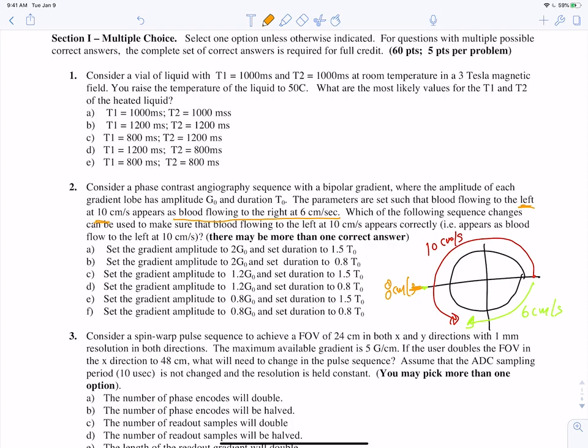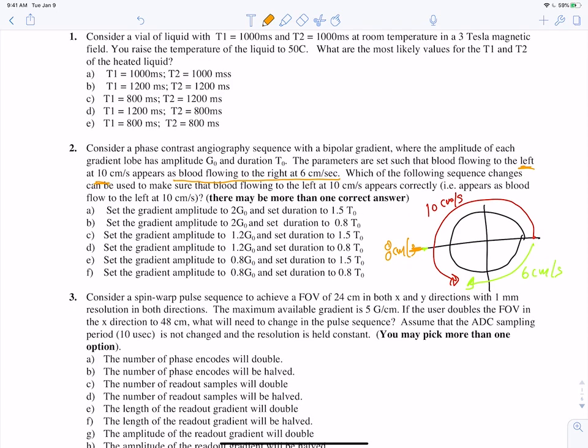Yes? So I get that the time is now 0.8 because you don't want it to be ahead of the middle. But then how do you decide the gradient amplitude based on that? Okay, so the formula for the bank is what? It's related to G naught T naught squared, right? Yeah.